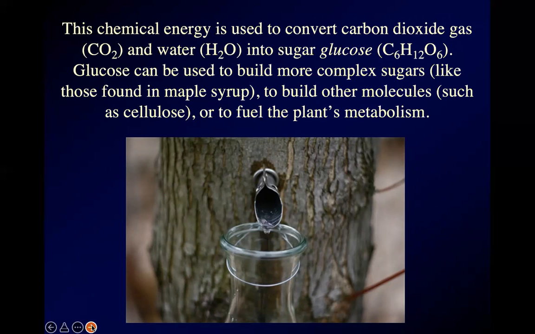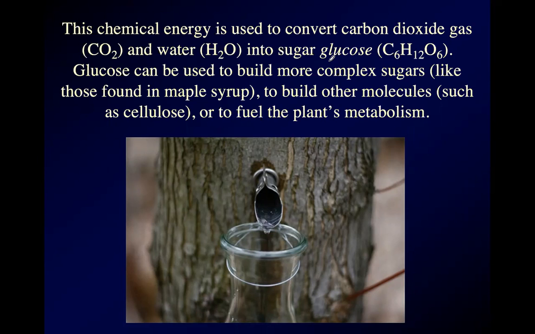Fructose is found in fruit, and it's found in HFCS, high fructose corn sweetener, which is what you get in, well, an awful lot of your diet these days. Glucose can be used to build other molecules like cellulose. Glucose can also be broken down and release energy for yet other types of chemical reactions that the plant needs to carry out.